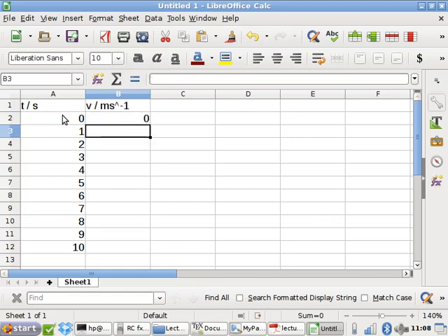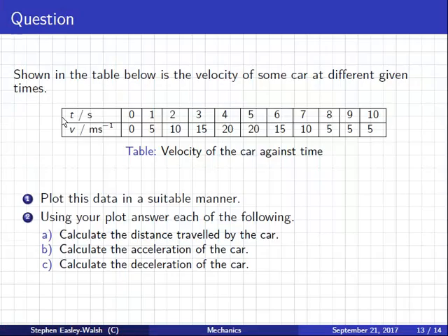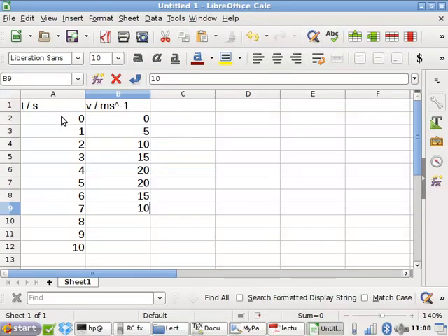Yes. And then 5, 10, 15, 20, 20 again? No. 15, 10, 5, 5. Okay, let's graph this.